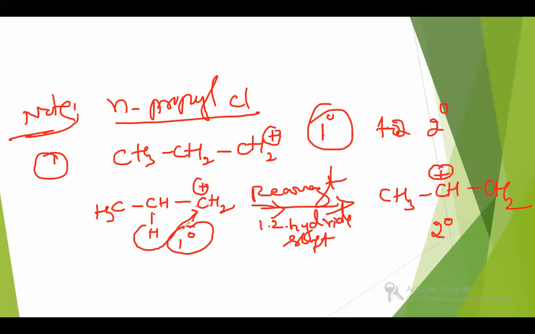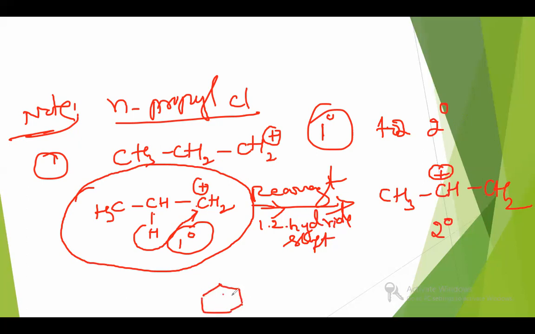That is the reason it attacks the benzene ring. The primary carbocation is unstable, hence we cannot get that product. If the electrophile attacks benzene, how would we get the CH2 group, CH2, CH2, CH3? This is called 1-phenyl propane, also called propyl benzene.